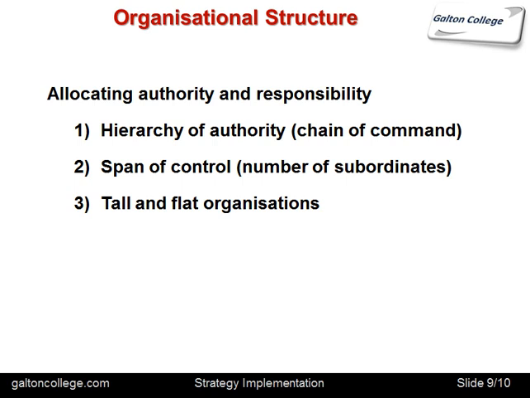And all of this will influence the choice between a tall organization and a flat organization. So those are just some ideas about organizational structure. And I suppose the key concepts here are the hierarchy of authority, the chain of command, as I said earlier, and the span of control, and trying to work out what the ideal span of control is.